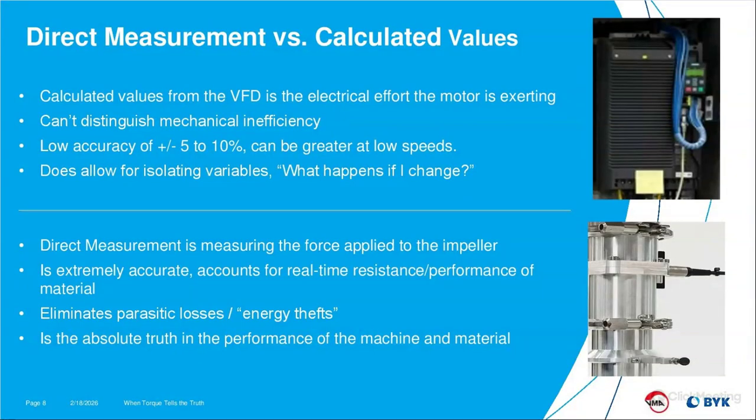So it's highly recommended that measurement of torque be used in your process. We like to say that torque is the truth, and that's an absolute truth with regard to how the performance of the machine is going and how the performance of the material is going. So very important.